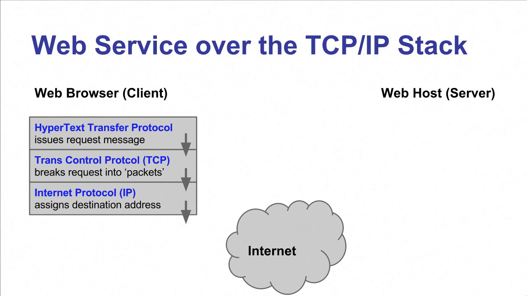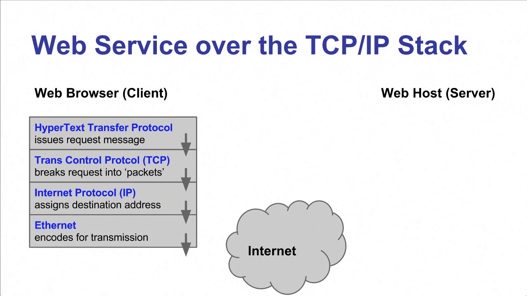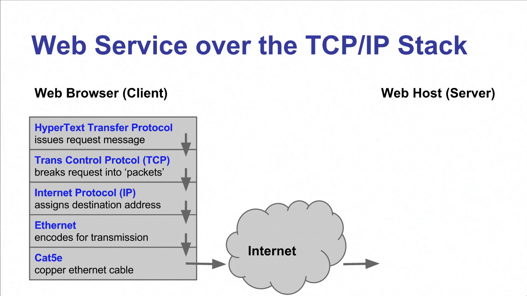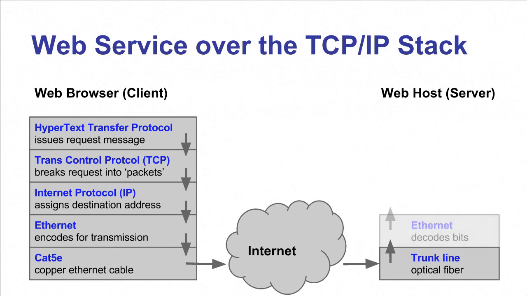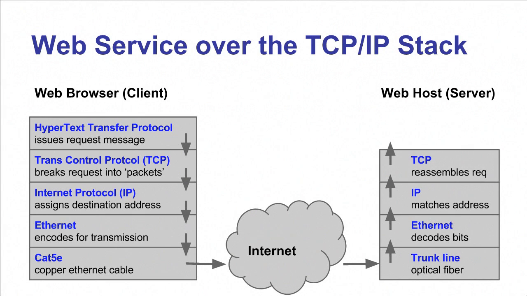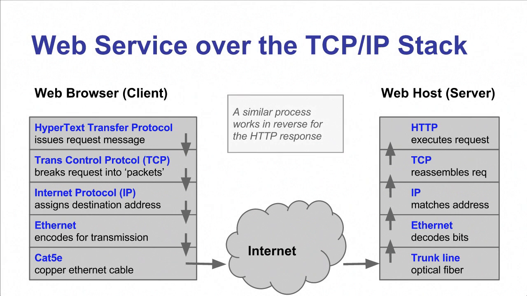Each packet is addressed for routing to the destination in the Internet Protocol layer, where it is received and combined with other packets before being delivered to the web server. A similar process works in reverse for the web server's response back to the browser.